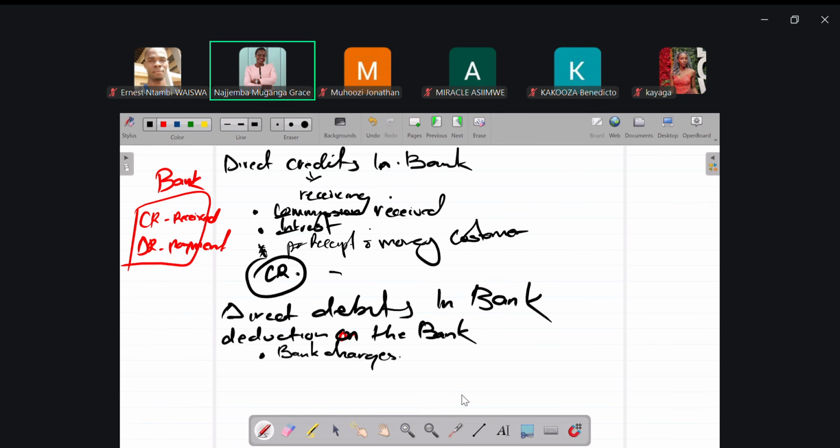So it could be bank charges, could be outstanding orders, where you made an order to be paying, maybe electricity every month. So this money is automatically deducted. Okay? And many others.